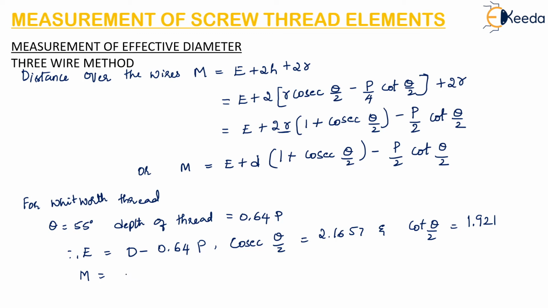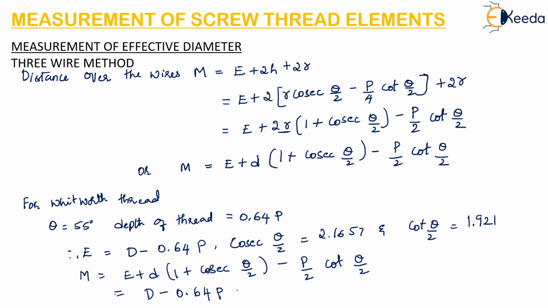as E plus d into 1 plus cosec of theta by 2 minus p by 2 cot of theta by 2, and this can be written as d minus 0.64 p plus d into 1 plus 2.1657.